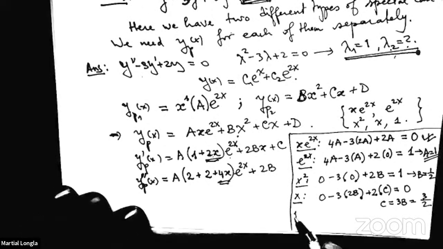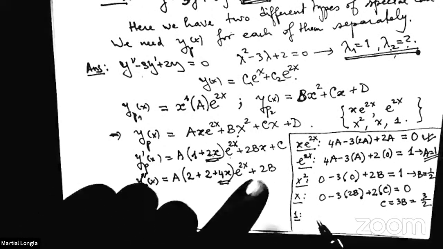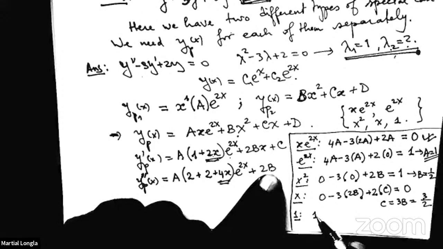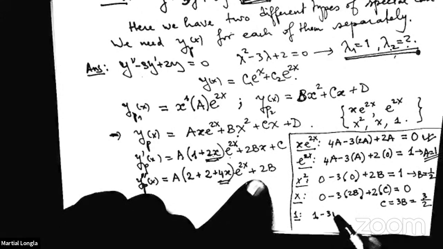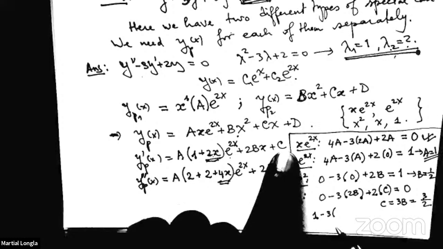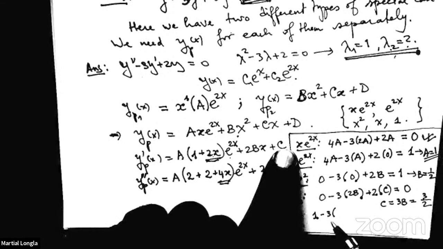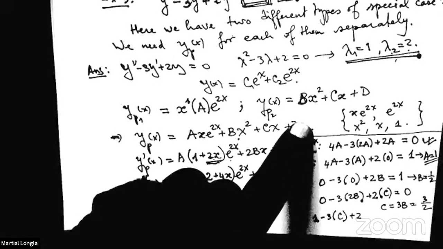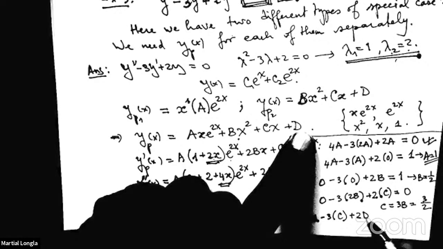And now you go to the constants. Second derivative, that's 2b. b is 1/2, 2b is 1. Minus 3 times the derivative, the constant is c, plus 2 times the original function, that's d, 2d, equals, there's no constant on the right.